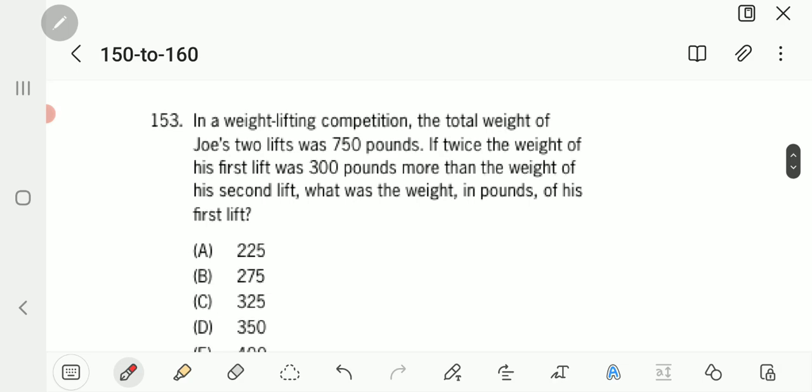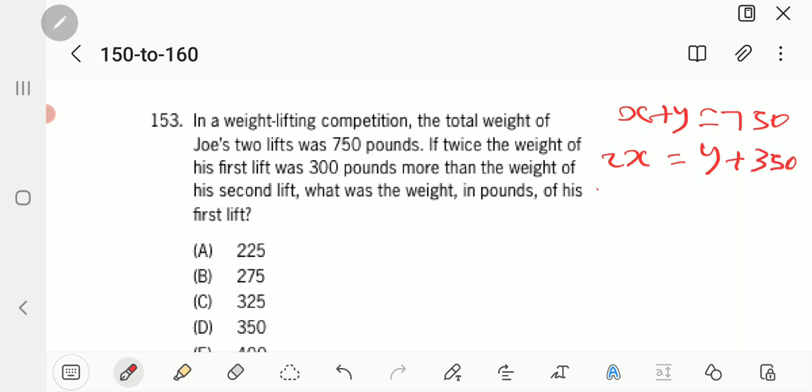In a weightlifting competition, the total weight of the two lifts was 750. So we can say S plus Y is 750. And if twice the weight of his first lift, that is 2S, was 300 more than the weight of the second lift, that is Y plus 300.